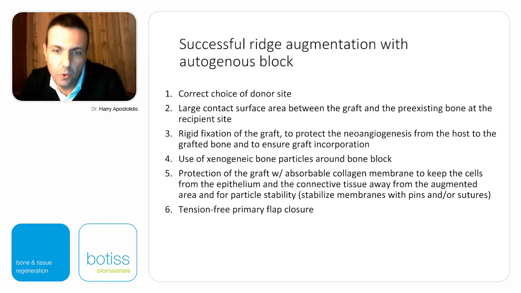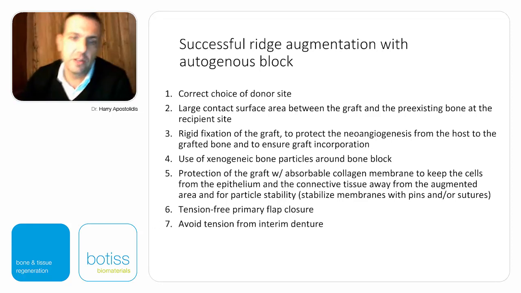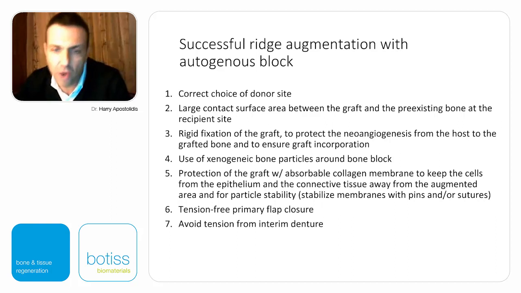If you want to do big ridge augmentations, you have to master tension-free primary flap closure, because you may have done everything right up to that point, and if you don't achieve it, you're going to end up with a disaster. And of course, avoid tension from the interim denture. Try to get fixed interim prostheses and not removable ones.